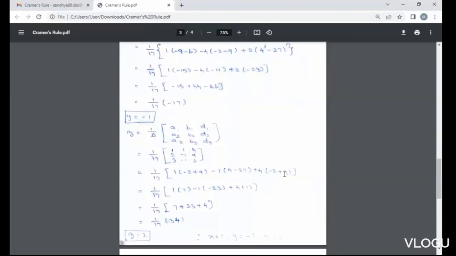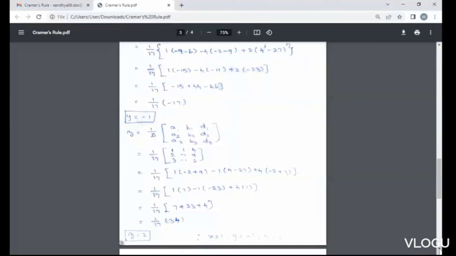Minus into minus will become plus. So 1 times of 7 minus 1 times of minus 3 plus 4 times of 1. So 1 by 17 times of 34. 17 and 34 will get cancelled. We will get z is equal to 2. So x, y, z values are x is 1, y is minus 1 and z is 2.